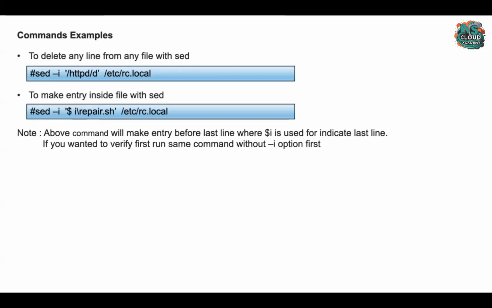Note, the above command will make an entry before the last line, where $i is used to indicate the last line. If you want to verify, first run the same command without the -i option. So you understand, I already told you what is the use of -i. So before implementing anything, you have to verify that whatever you are doing is happening in a correct way or not, right?